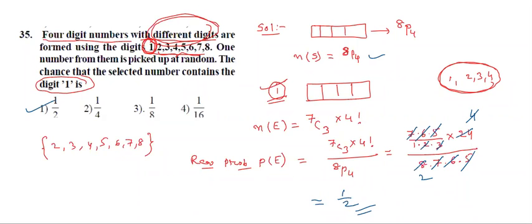The remaining 3 digits we want to select. After selecting the digits, then we can arrange. So except 1, there are 7 digits. Out of 7 we can select 3. After selecting these digits, they can be arranged in 4 places, that is 4 factorial. Okay students, I think all of you understood now.